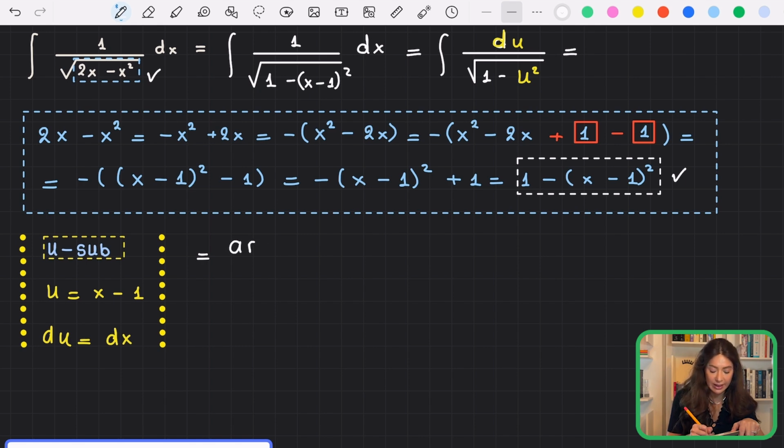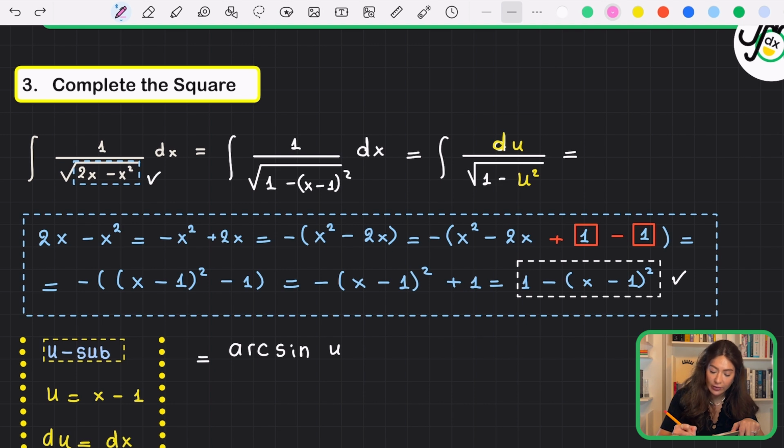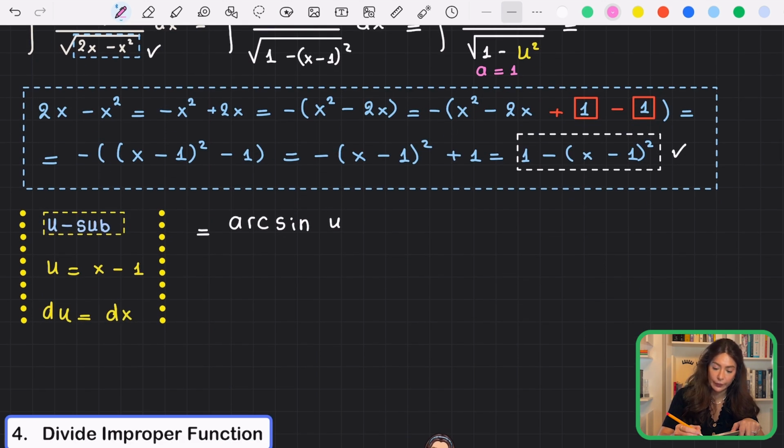So I'm going to say arcsine u over a, but that's 1 for us. And let's actually write here that a is 1. And constant of integration. Of course, nobody asked me a question in terms of u. They asked me in terms of x. So I'm going to back substitute with the expression I promised u would equal to.